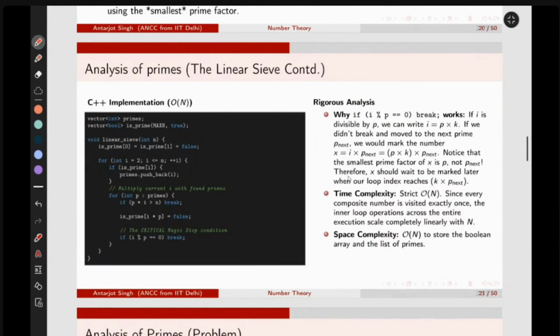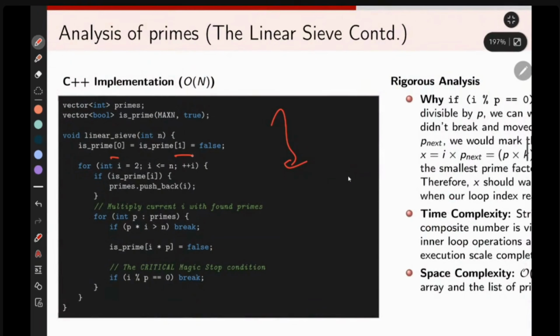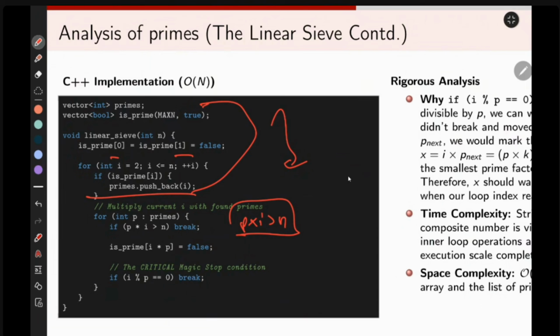Here is code very similar to sieve. 0 and 1 are obviously false because they are not prime. If it's a prime, then push it to primes. Then for primes, if p cross i is greater than n, then break.